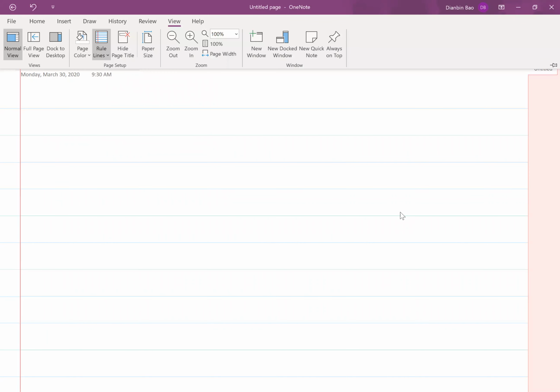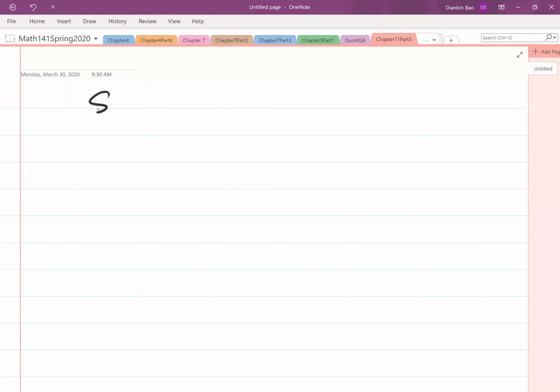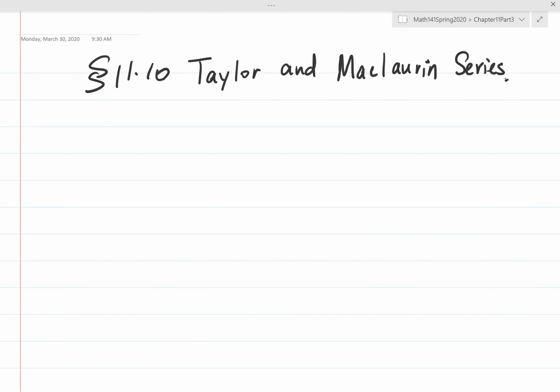All right. Today we will start a new section, Taylor and Maclaurin series. The goal is, for a certain function, to find the power series representation.